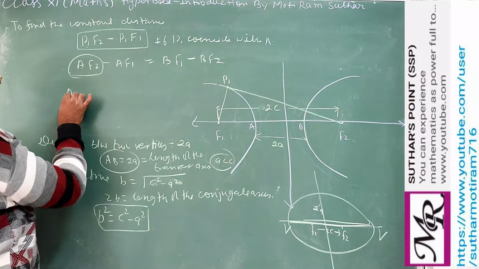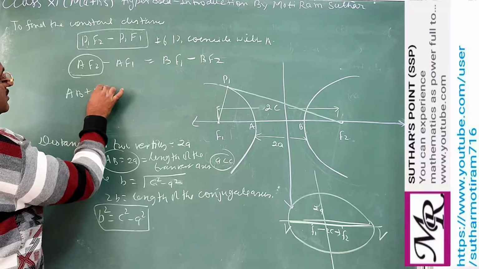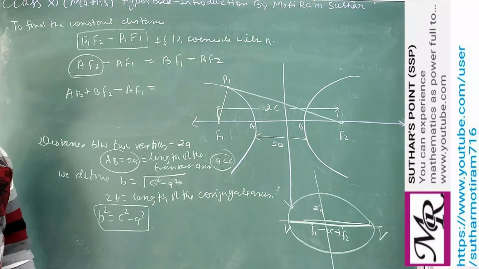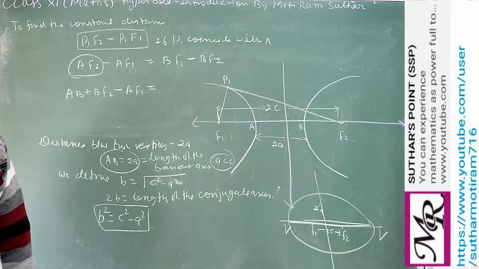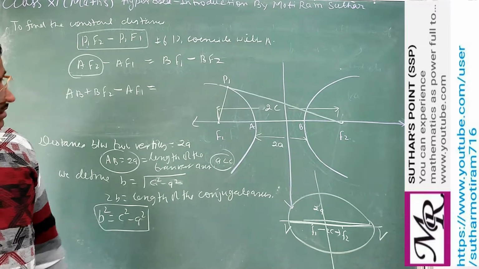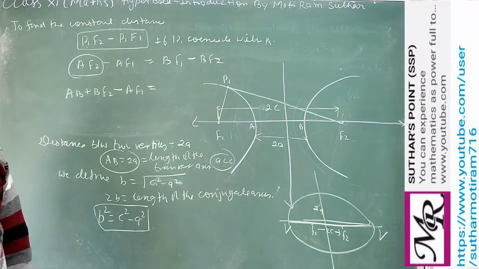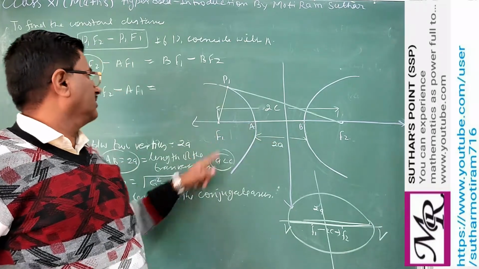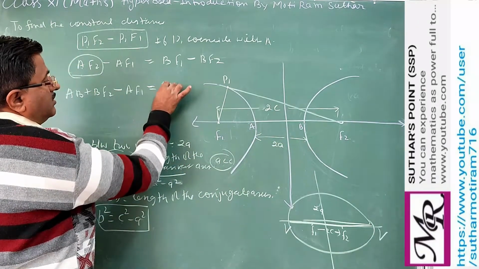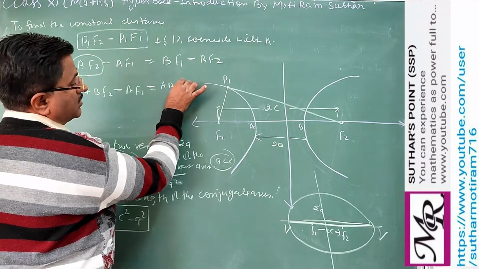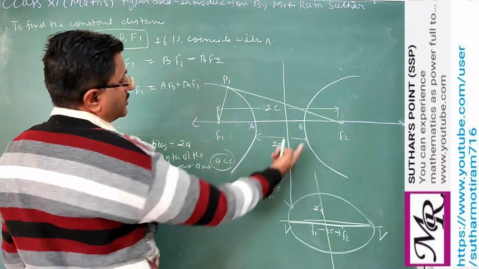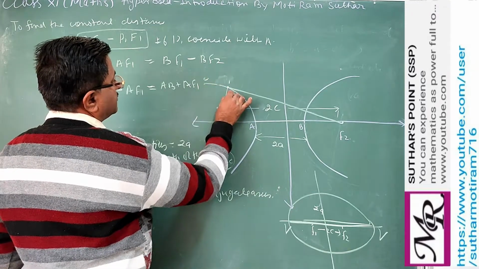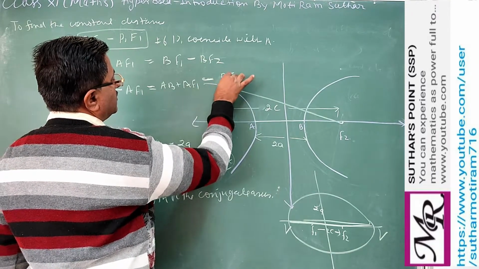So we can write this as AB plus BF2 minus AF1 equal to BF1, and BF1 can be written as BA plus AF1, so AB plus AF1, minus BF2.